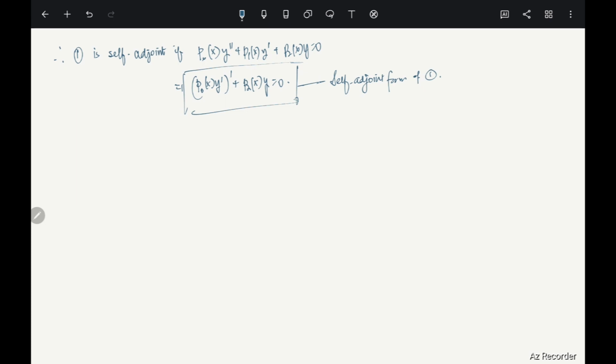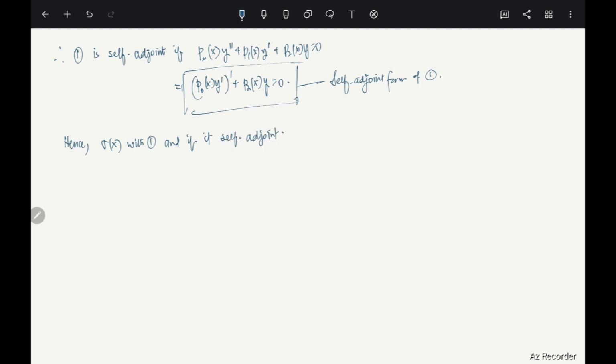So what did we find? Let's understand that. We multiplied sigma of x with 1. And if it is self-adjoint, what is the expression? 1 is given, right?